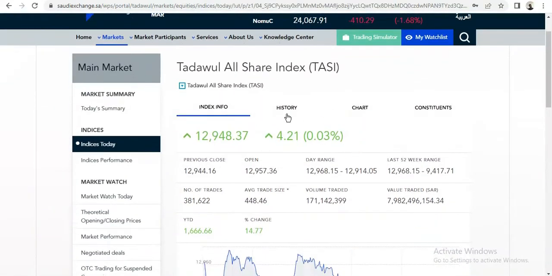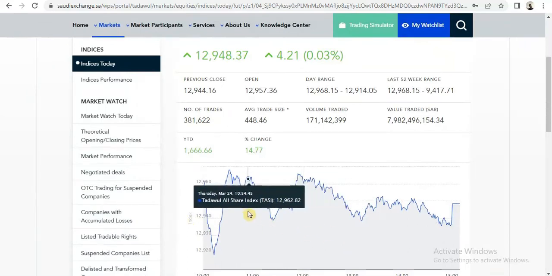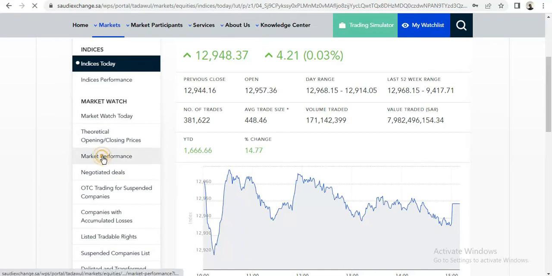Here, what happened last day, it closed at 12,948.37, up 4.21, an increase of 0.03%. Market open, day range, last 52 weeks, number of trades, all this information is included along with this graph. If you want to check the performance in historical time, as I mentioned the 6 days, 2 weeks, you have to select this Market Performance.